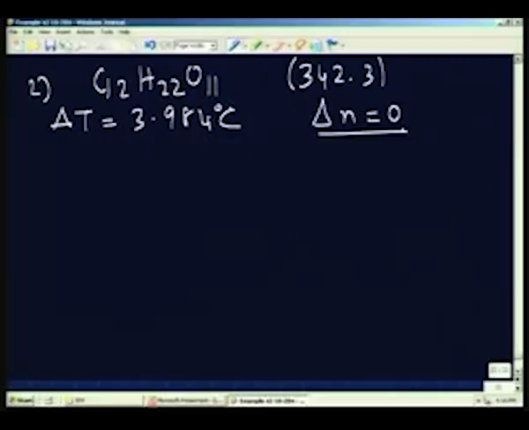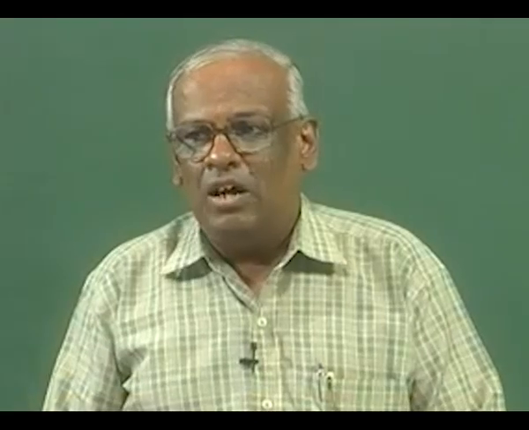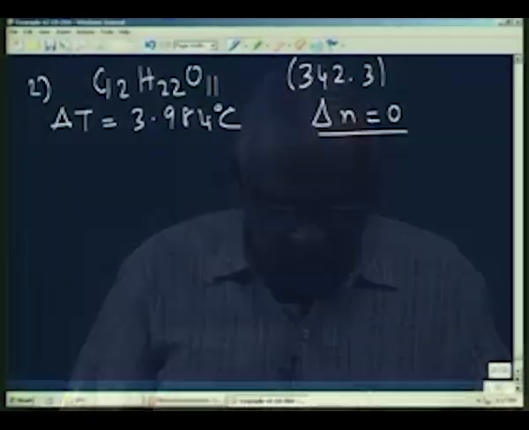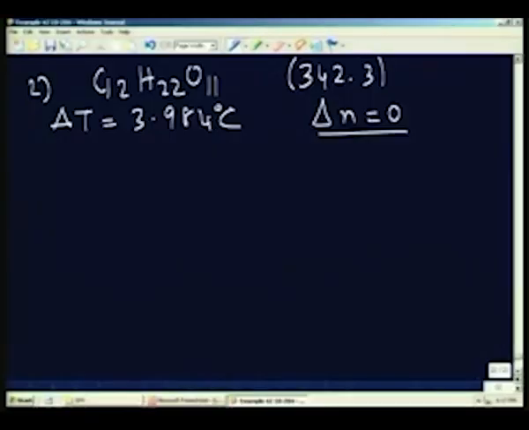You can work it out by writing the stoichiometry for this particular case, finding that the number of moles of the gas in the beginning and the end are exactly the same. So, 1 mole will be 342.3 grams, and the amount burnt is 3.303 divided by 342.3.